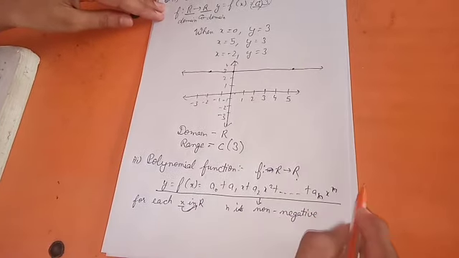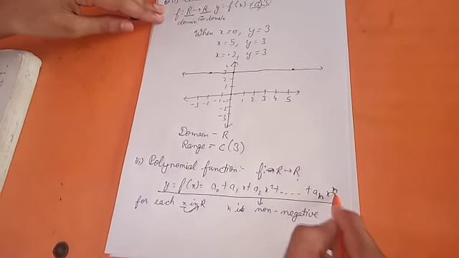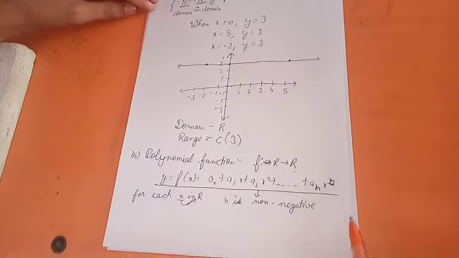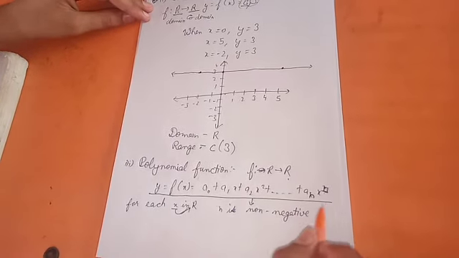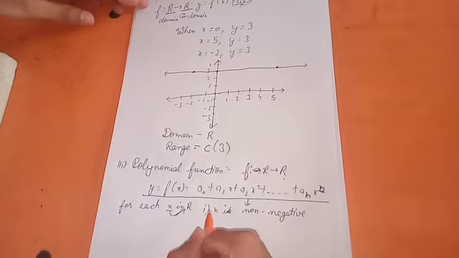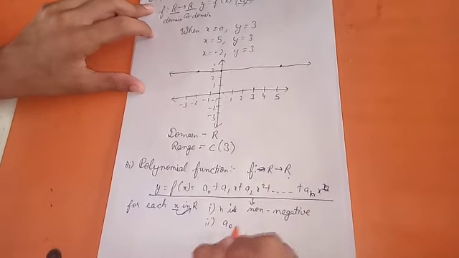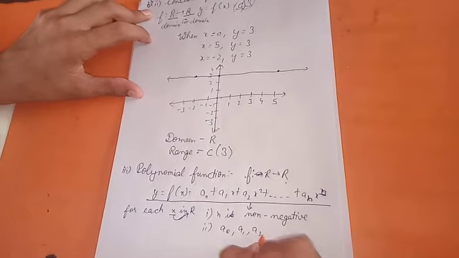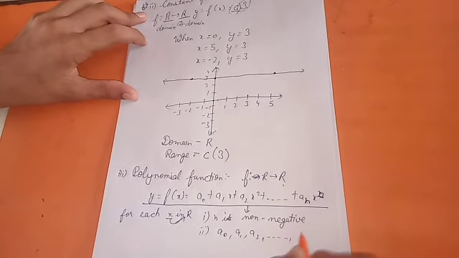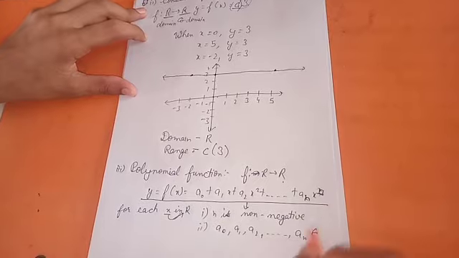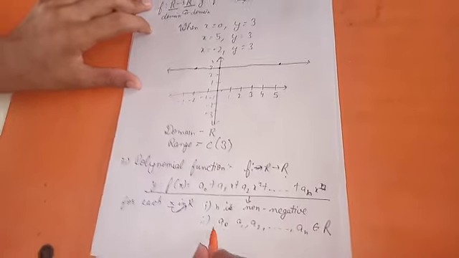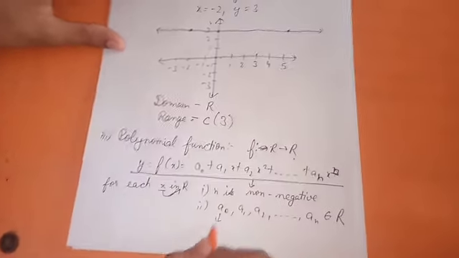Okay, that means that this n will never be negative. Second is this a0, a1, a2, like this till an that belongs to R. Here these are constants.